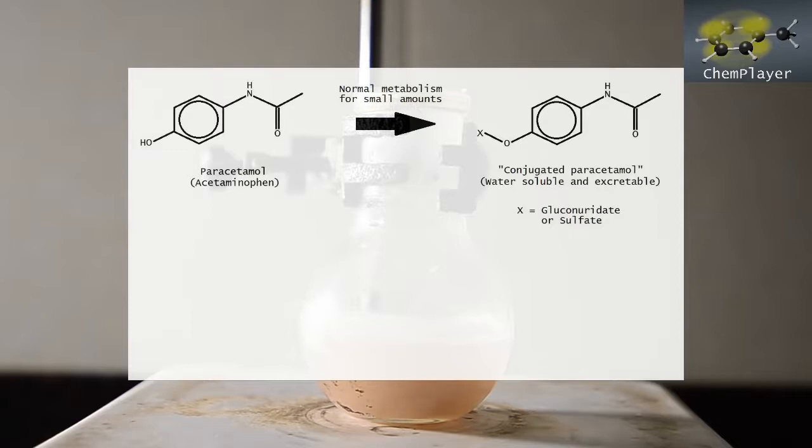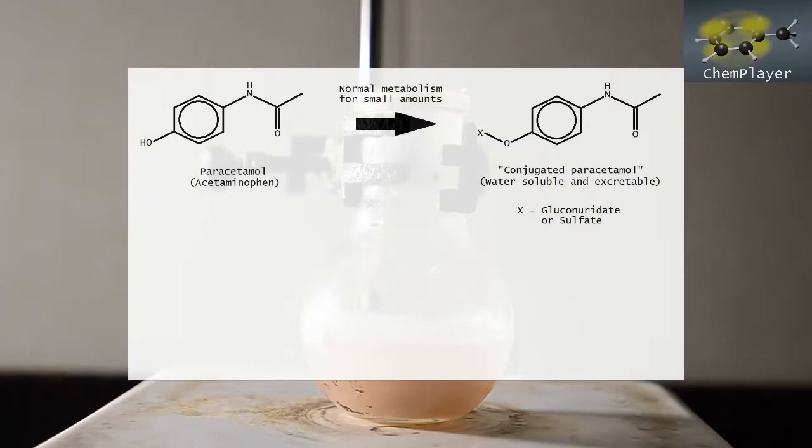When you take paracetamol for a headache, your body processes it into water-soluble compounds which can be easily excreted. These compounds are relatively non-toxic, and as you can see from the structures here, they still contain the intact benzene ring and amide group. But there's a limit to how much your body can process in this way.